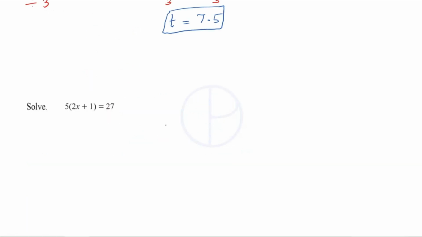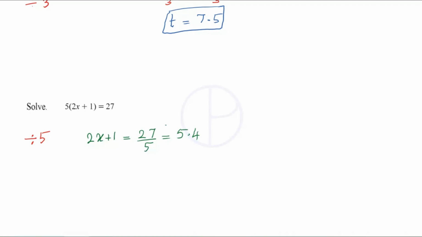Let's solve this question. Here inside the bracket, first it's a multiplication and then an addition, and outside the bracket again it's a multiplication. So we need to do division first. Divide both sides by 5. We get 2x plus 1 is equal to 27 divided by 5, which is equal to 5.4.